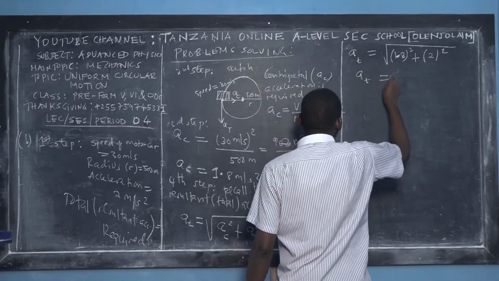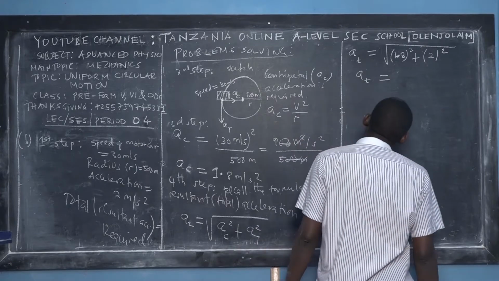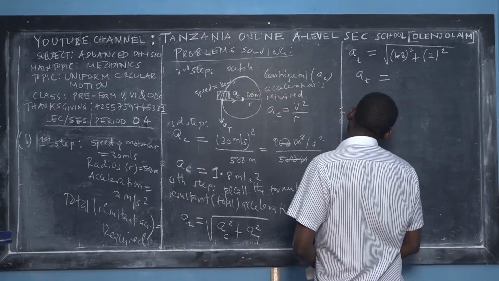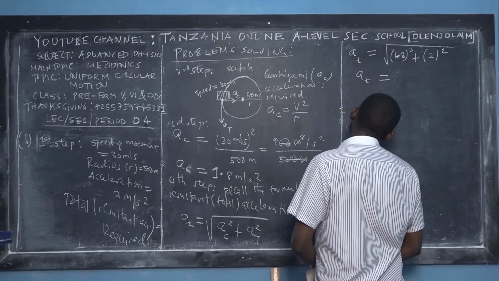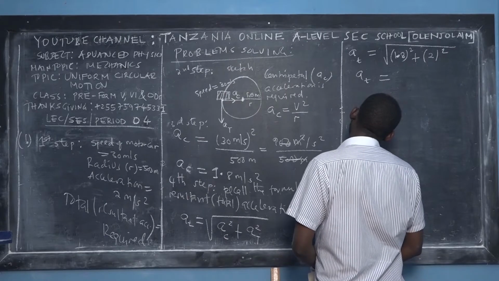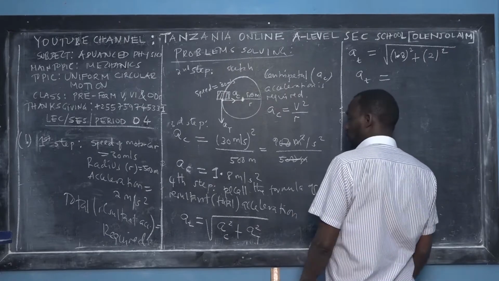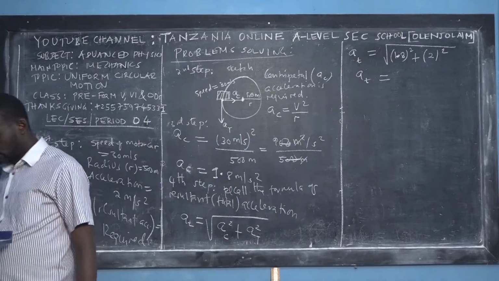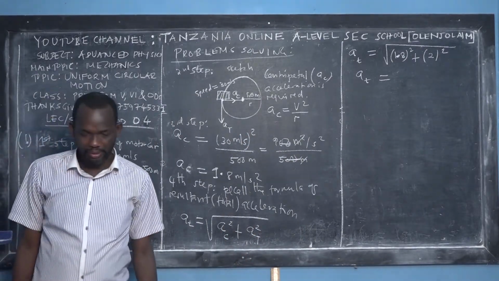So you get the total acceleration. Use your scientific calculator to get the response. What's the response there? It is 2.7 meters per second square.